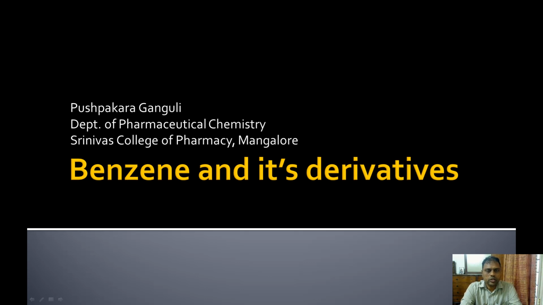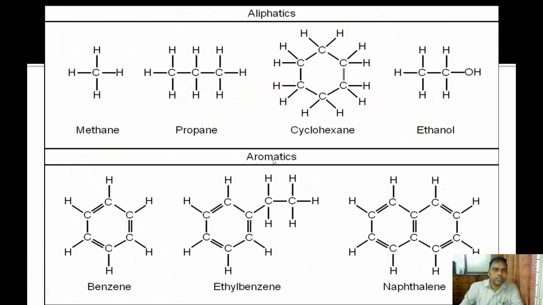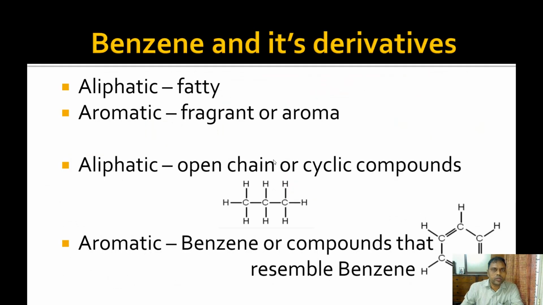In the last offline class, I was on the chapter benzene and its derivatives. In this chapter, at the beginning, I started dividing organic compounds into aliphatic and aromatic compounds. Then I went through examples of these structures.